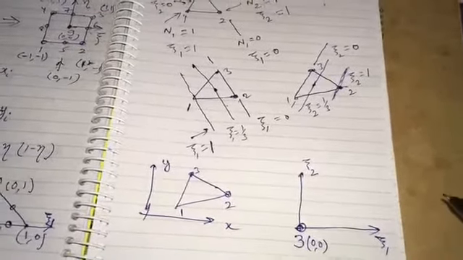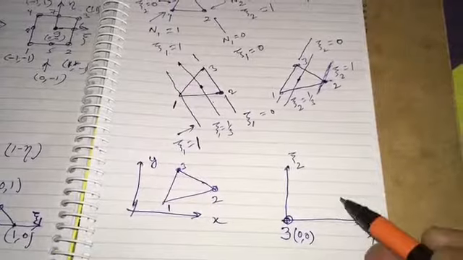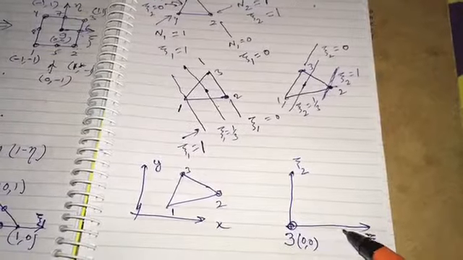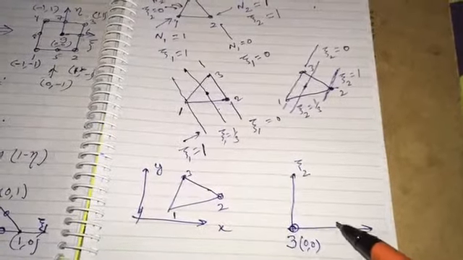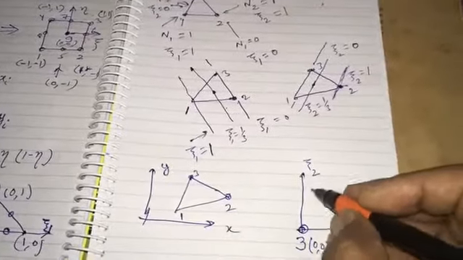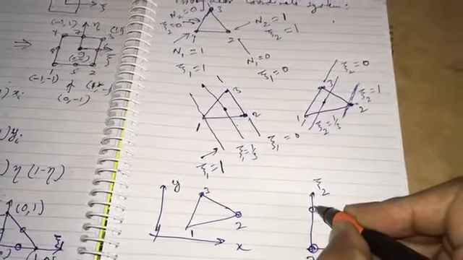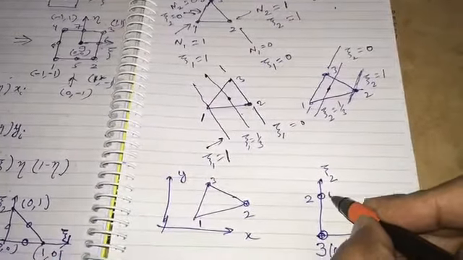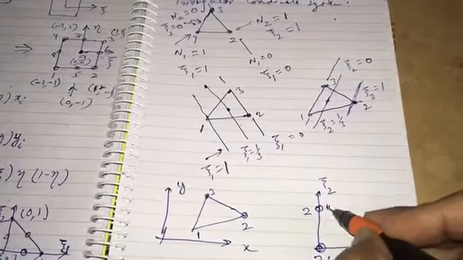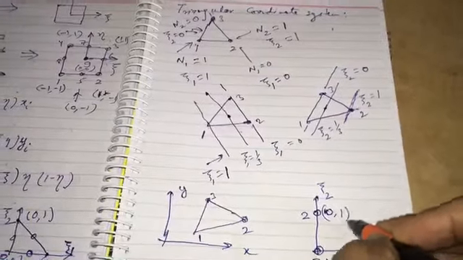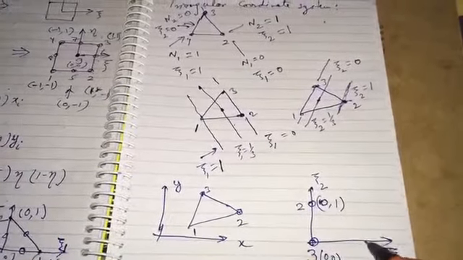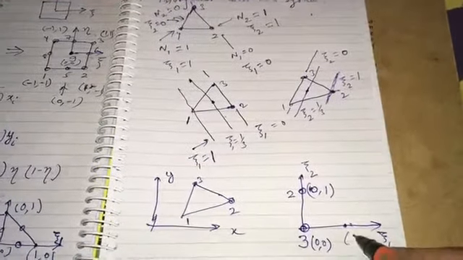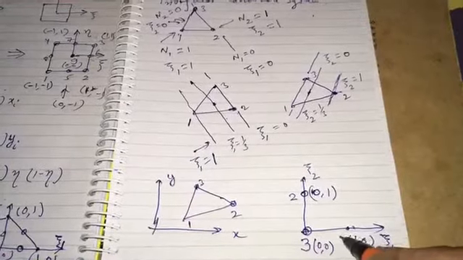Okay. Then since this is a triangle, from point 3 you either go towards direction 2 or direction 1. If you go in direction 2, you will meet node 2. So this is the value 1. So this one is 0 0 1, and if you go towards xi1 on this xi1 axis, you will get 1 0, which is node 1.